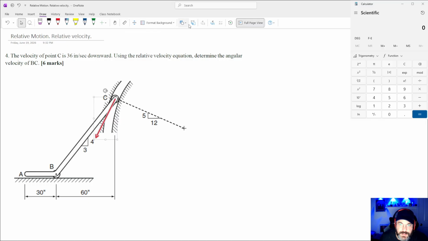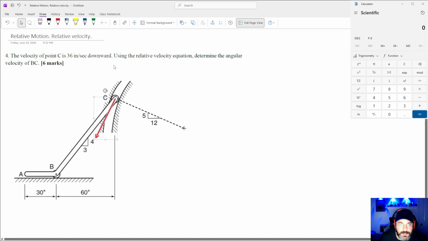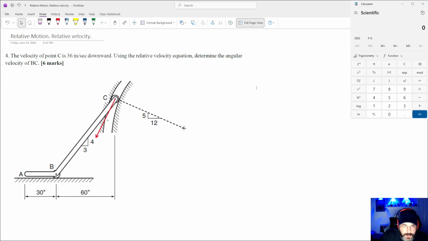A bad schematic can be misleading and can lead you to the wrong solution, or to some kind of unresolvable situations. Okay, here it is perpendicular. If this is 5, 12, the tangent here is defined by 5 and 12, and this is 13.